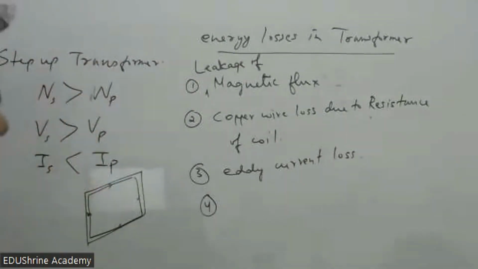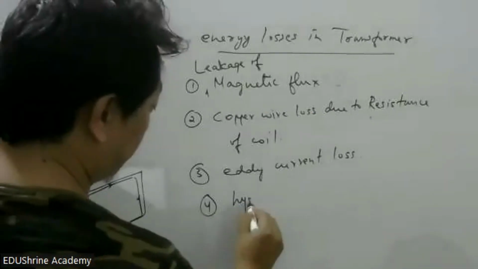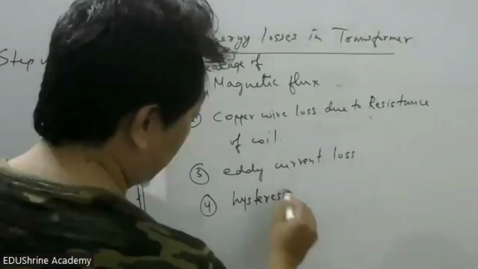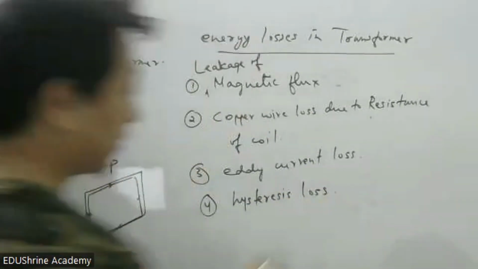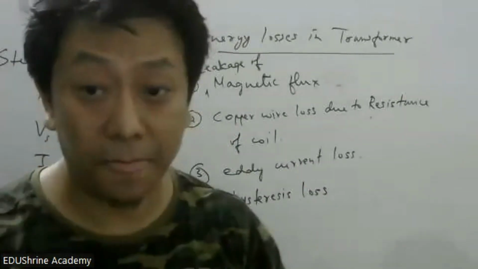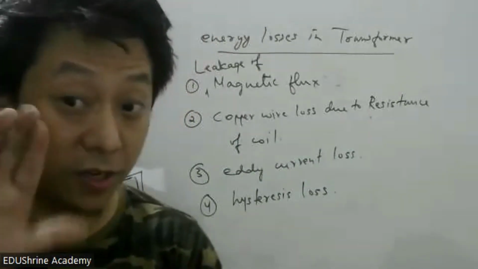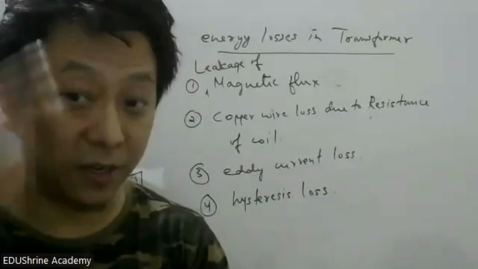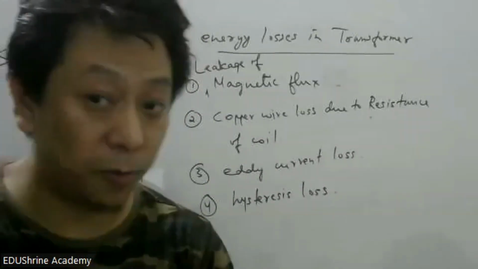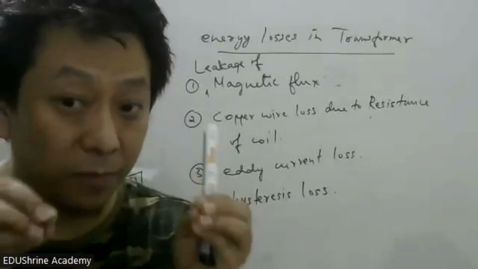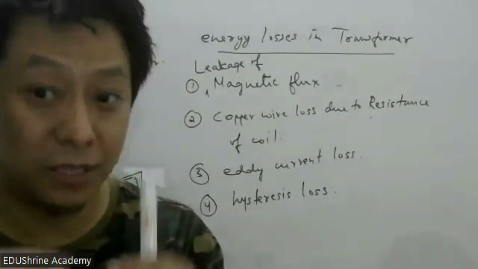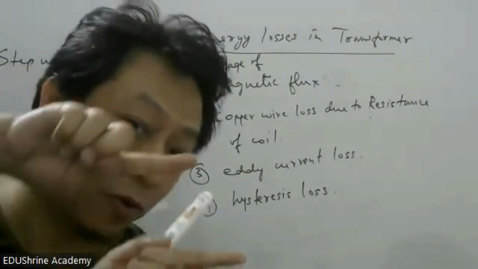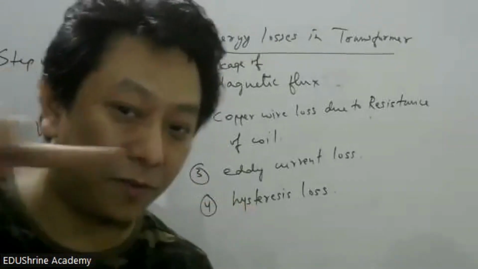And the fourth one is your hysteresis loss. Hysteresis loss also I have told in the class. So what does hysteresis loss mean? Again, your magnetic field is alternating, so current is alternating. If current is like this, magnetic field will be like this. All the dipoles in that soft iron core will orient that side when the magnetic field is this way.